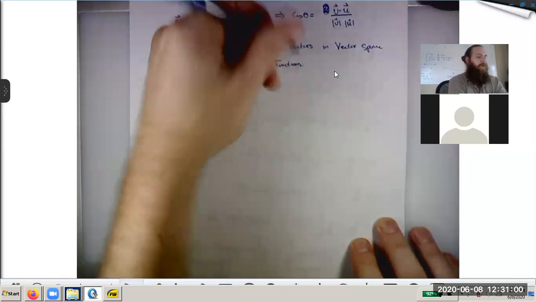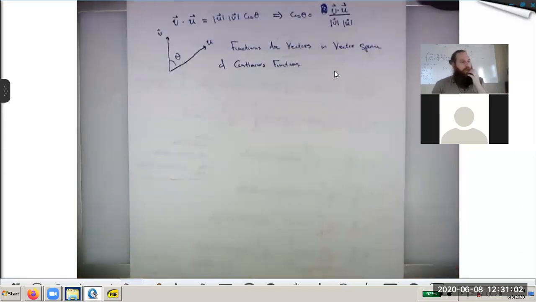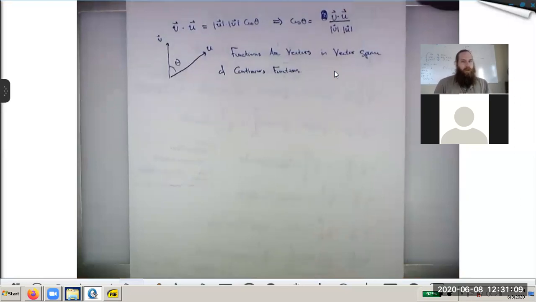So I know some of you took 1140 with me. A vector space isn't just a place with arrows. A vector space is any set in which you can find a way to define addition and multiplication by a constant.